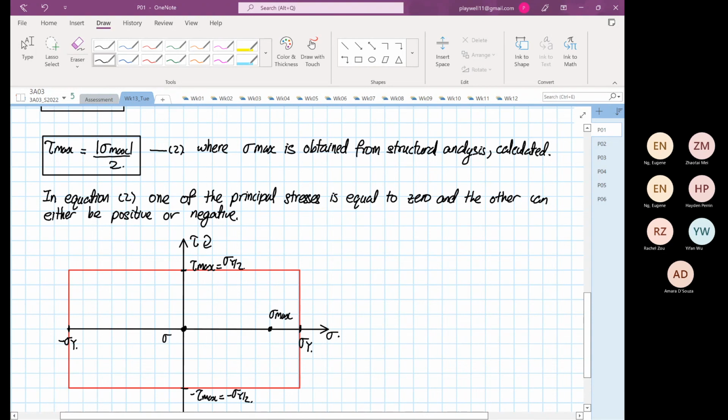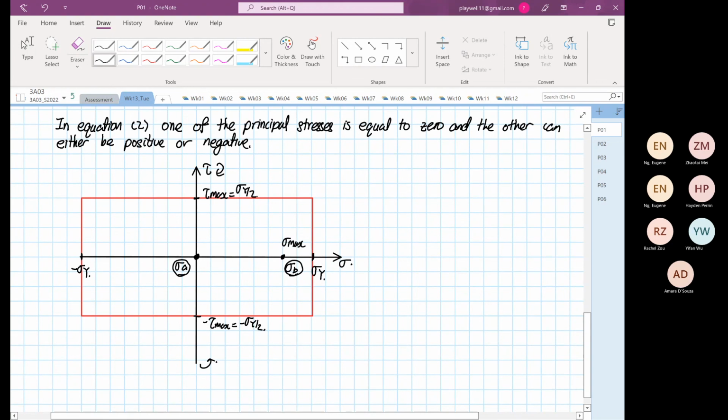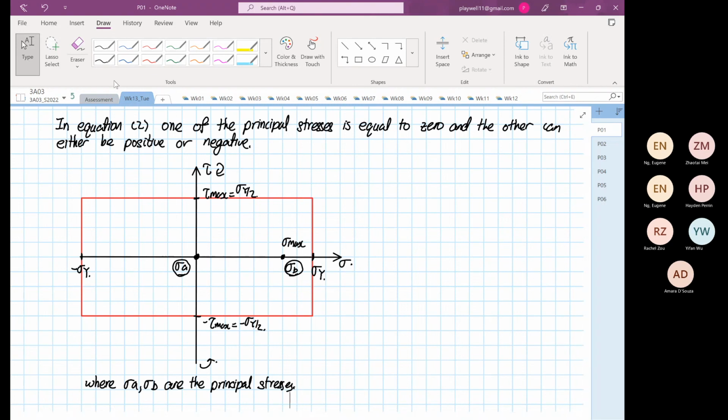The first dot is our sigma A, and the second dot is our sigma B, where sigma A and sigma B are the principal stresses. So they are calculated, and now we construct our Mohr's circle.